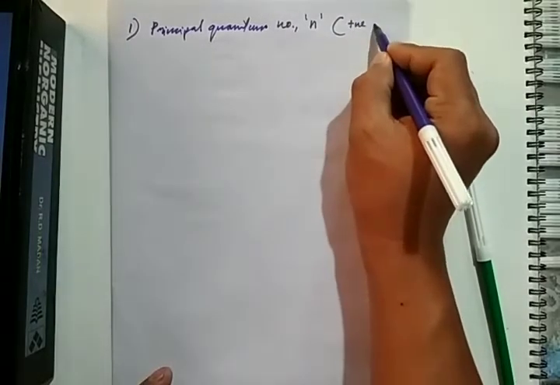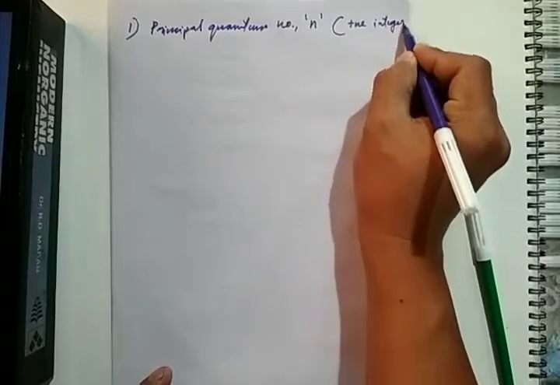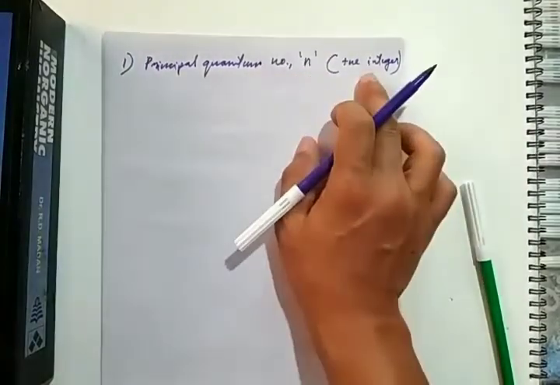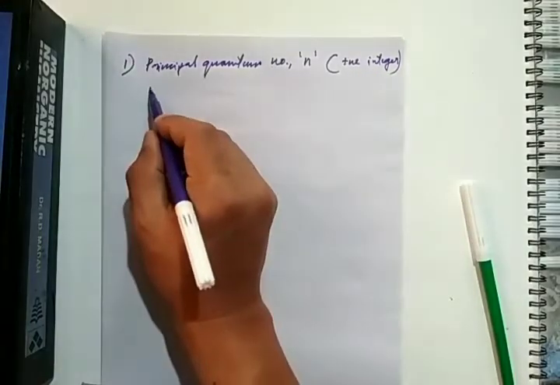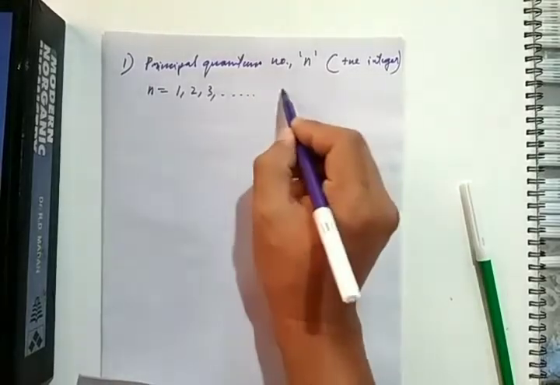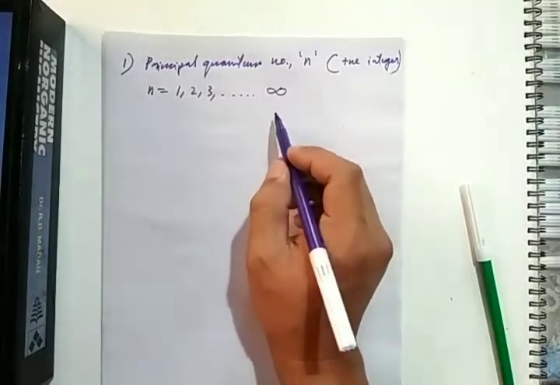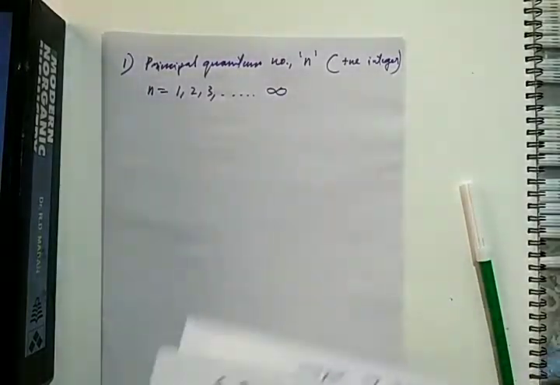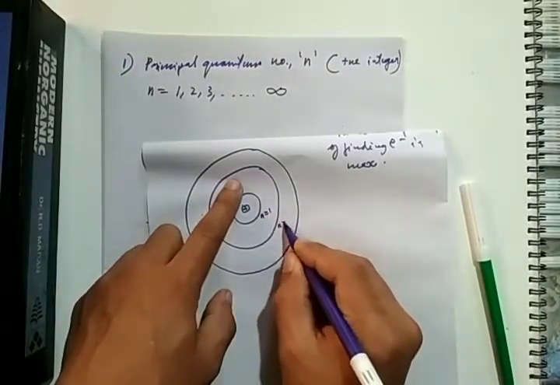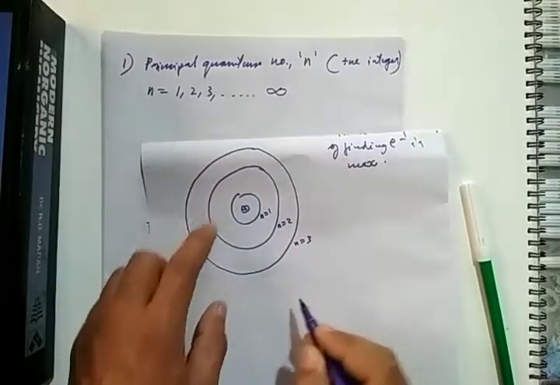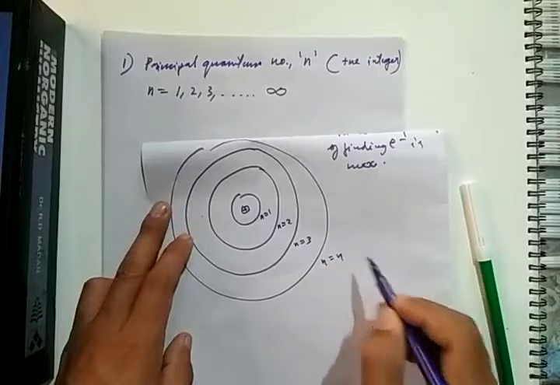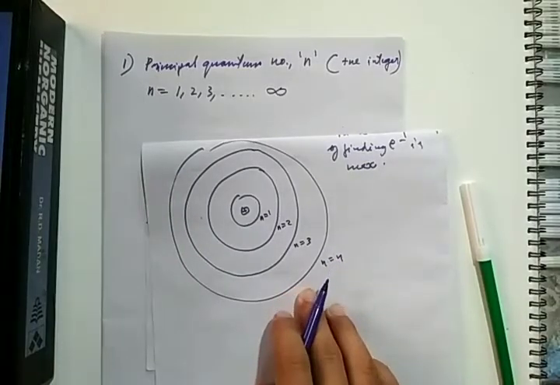This n is a positive integer, so n will always be positive and can have values 1, 2, 3, and so on. This n represents the number of the shell: n1, n2, n3, and then n4.